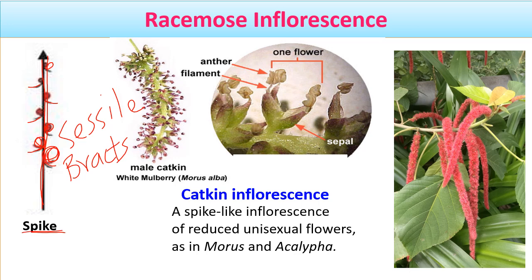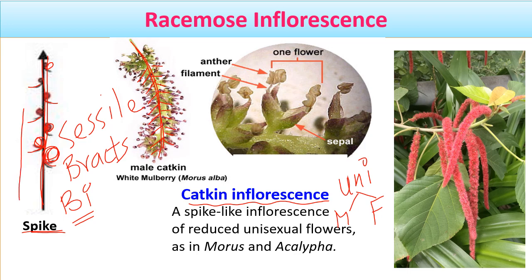Then another type of inflorescence you can see here. This is actually the stalk of inflorescence, and similar sessile flowers are arranged here, but the only difference is that the flowers are bisexual in the case of a spike. In the case of catkin inflorescence, the flowers are unisexual, either male or female.